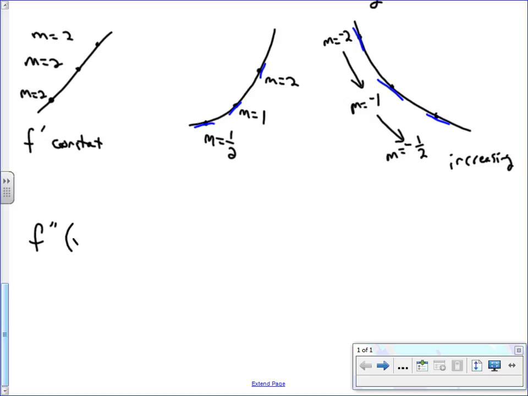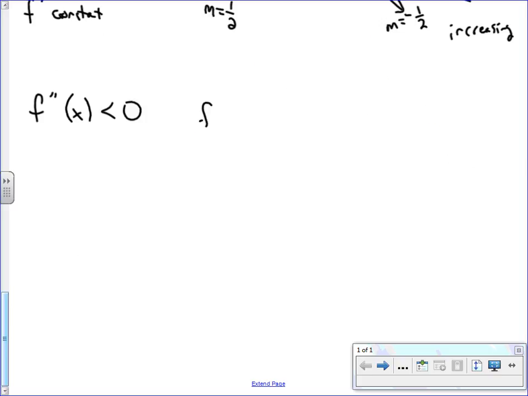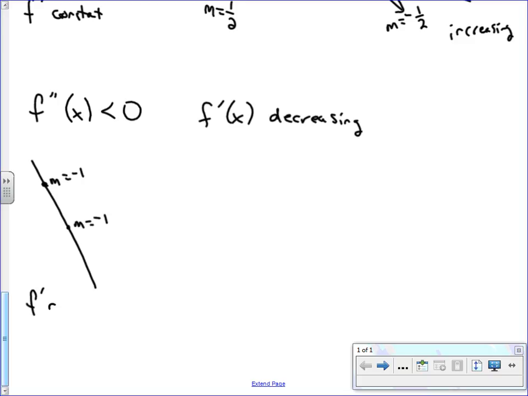F double prime of x is negative would mean that f prime of x must be decreasing. And again, we could draw this line. That line is decreasing, but if I tell you that that slope is -1, then everywhere on that line the slope is -1. F prime on this line is not decreasing, F prime on this line is constant.